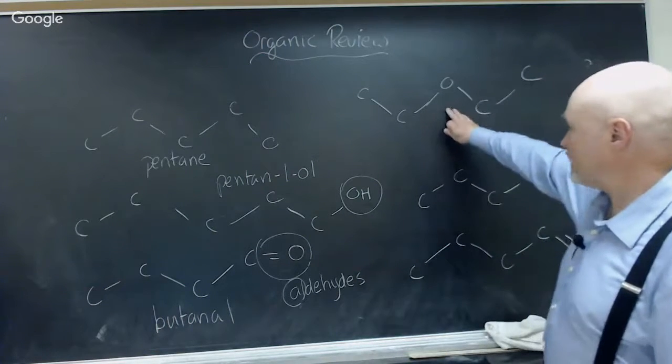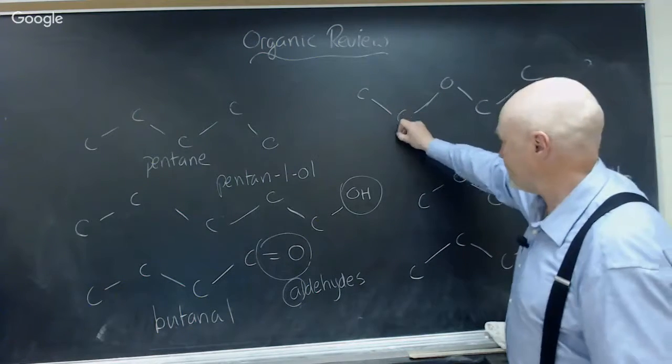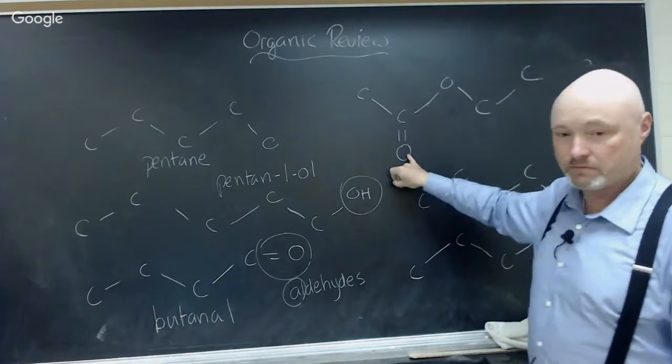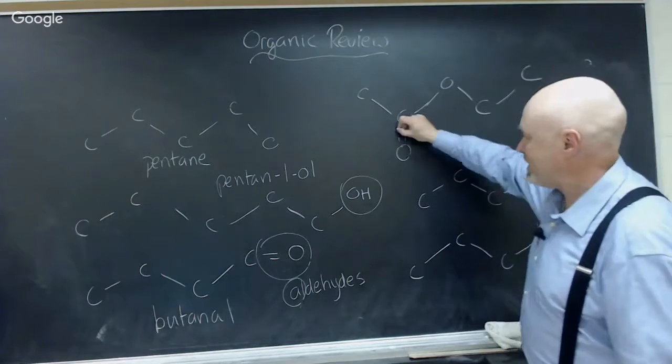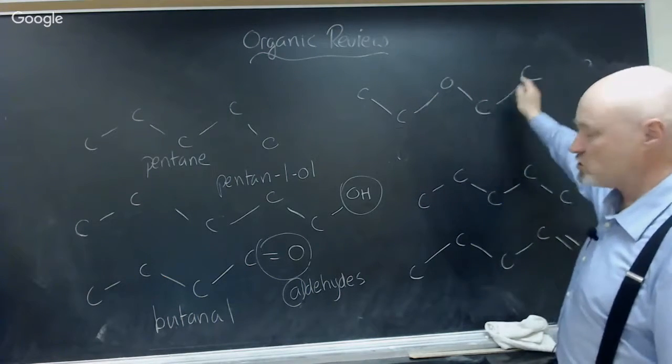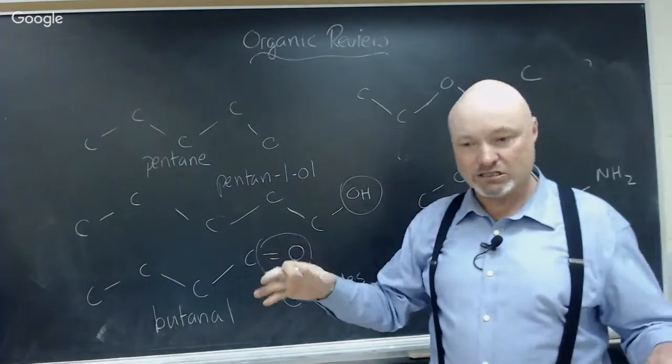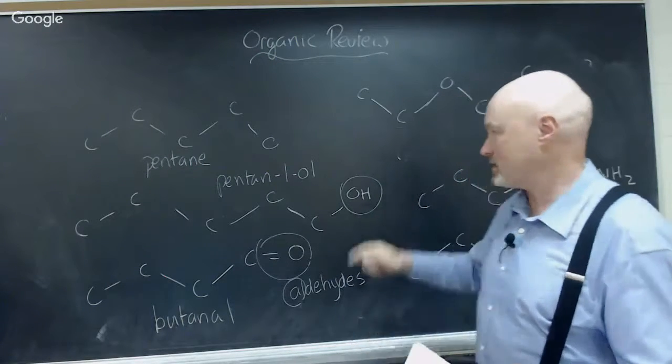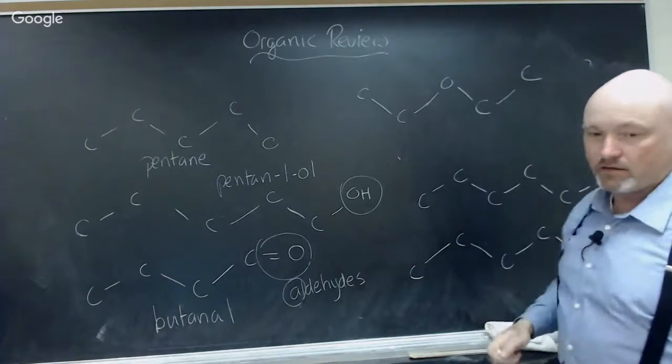Well, a ketone would look like this. Oh, so it's a double bonded oxygen. Yes, it's a double bonded oxygen, and you'll notice this is an oxygen, and it's in the chain. So it actually makes up part of the whole chain.